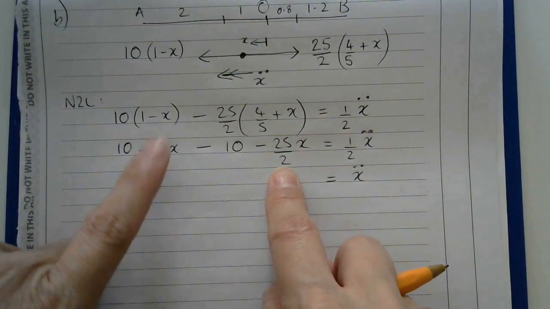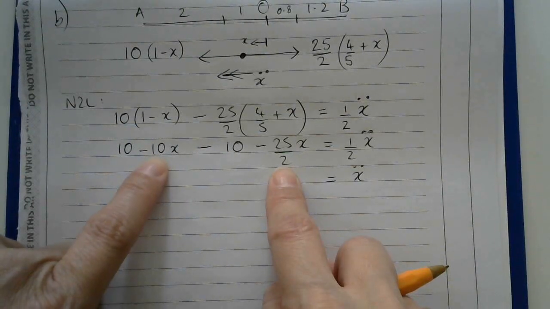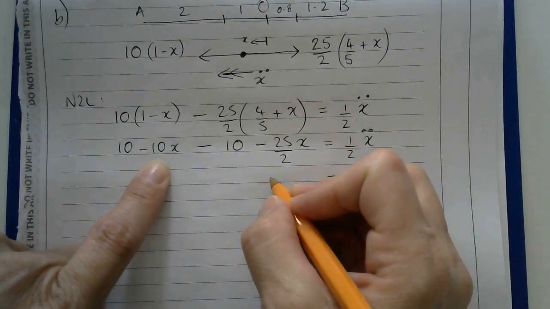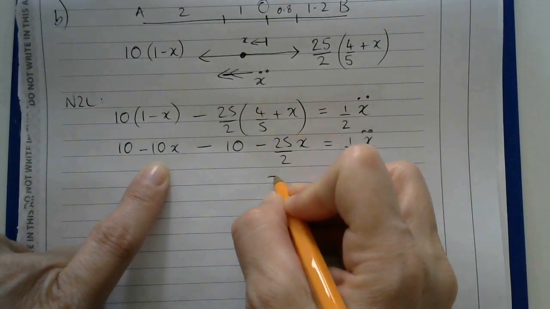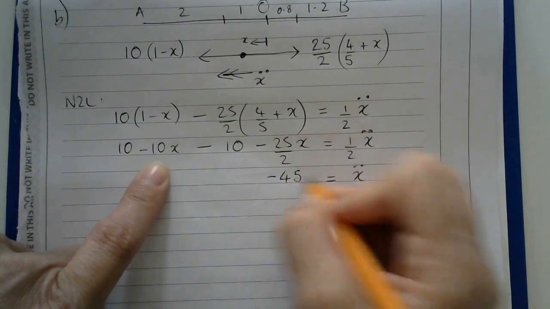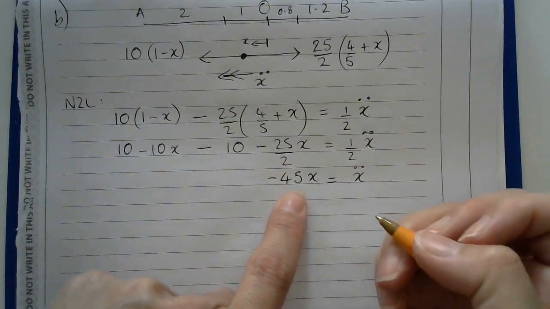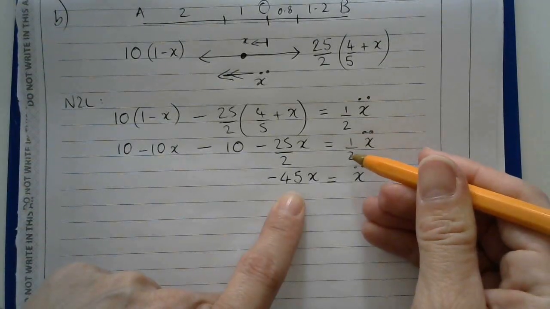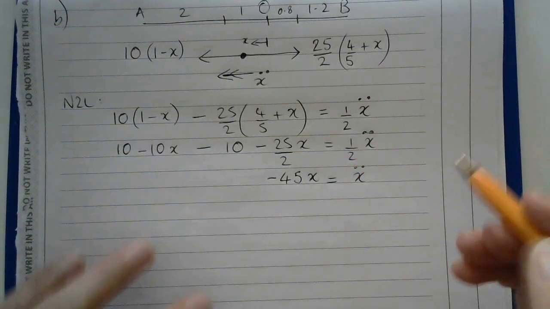So this is negative 20 halves. Subtract another 25 halves makes negative 45 halves. And so when I double that, I will just end up with negative 45. Okay, and I'm doubling to get rid of this.